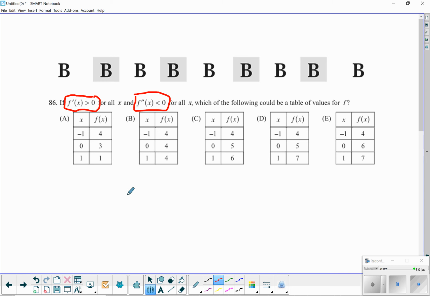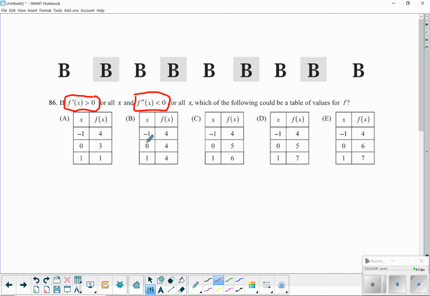That means that this function is constant, which means that your slope is not increasing. Okay, we need it to kind of look like this. So it needs to be increasing. Okay, so it's not B.